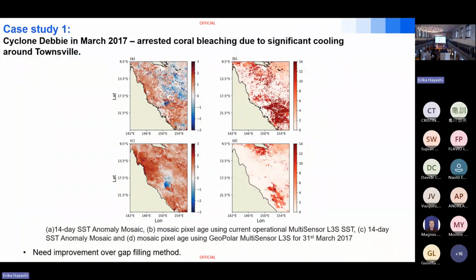So the left-hand side shows the mosaic period SST anomaly, and the right-hand side shows the number of days we had to go back for each pixel to fill that gap. The upper panel is from our operational multi-sensor, so that is with only polar orbiters, and the lower panel is with the addition of Himawari.